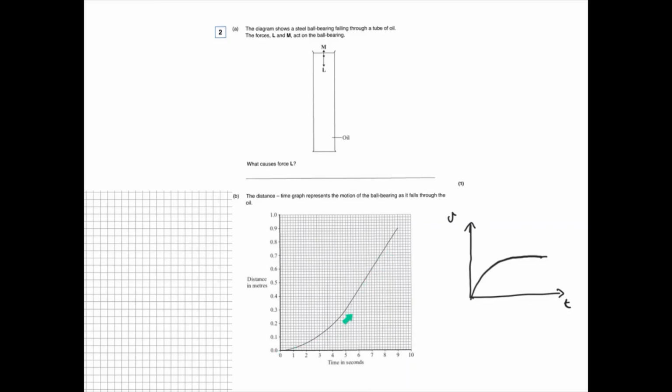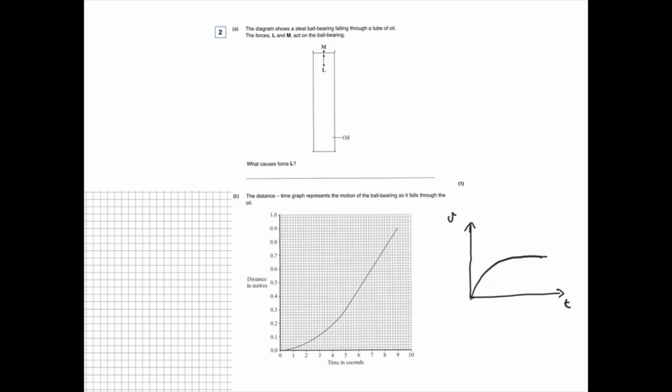And the curved portion of the distance time graph would infer that the acceleration of the object is getting smaller and smaller until it becomes 0 at terminal velocity. Be absolutely clear about why the velocity time graph is curved this way, and that this curvature infers that the particle, the ball bearing in this case, is decelerating.